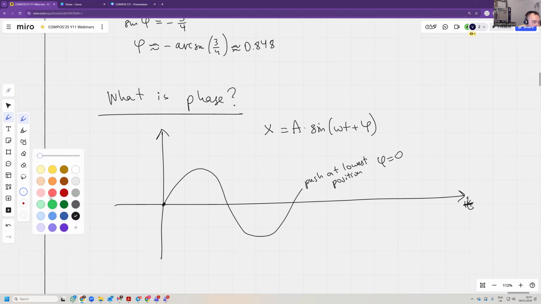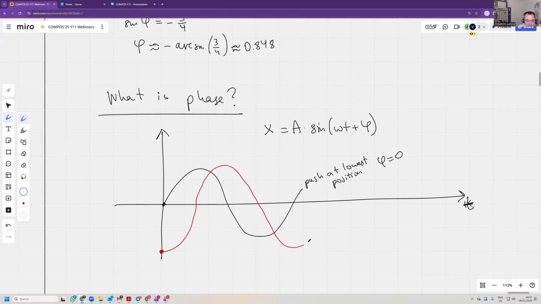If you pull the child backwards, that means the child starts from the minimum position. Minimum means furthest backwards. And then you release the child, and then the oscillation will go like this. Release the child from the furthest back position.